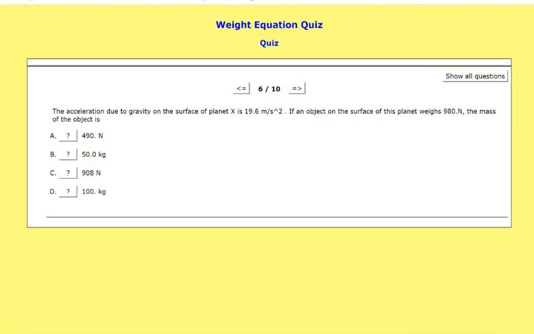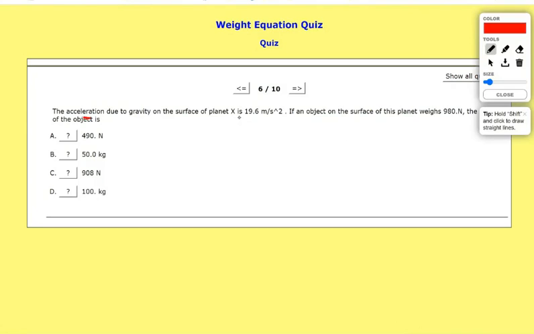Here's another acceleration due to gravity. What is that? That's little g. On planet X there's my little g. Oh, good. This is a different question. The person weighs, what's that? Fg. What is the mass? Once again, what fits all that? What is the mass of the object? That's m.